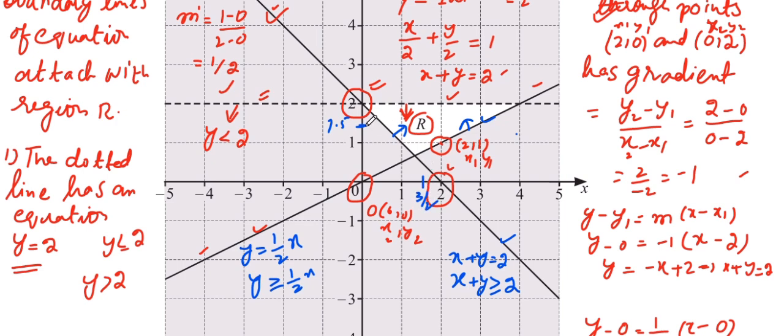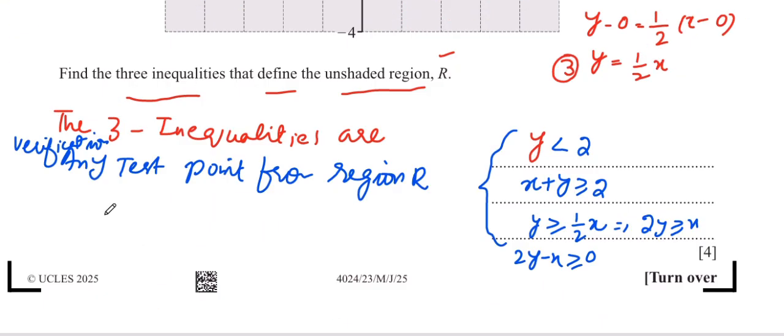So this point clearly lies in region R, and the coordinates of this point are 3 by 2, 3 by 2. Take x equal to 3 by 2 and y equal to 3 by 2. Put these values in the three inequalities and check whether this point satisfies them or not.